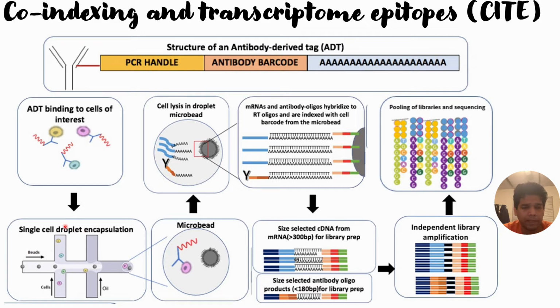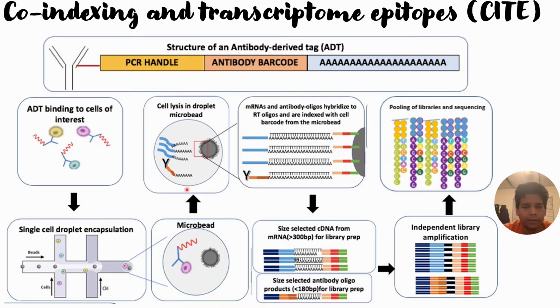From one side these cells will flow, and from the other side the beads will flow, and the objective is that each droplet should have one bead and one tagged cell, as can be seen in this enlarged droplet, which contains one cell and one microbead.